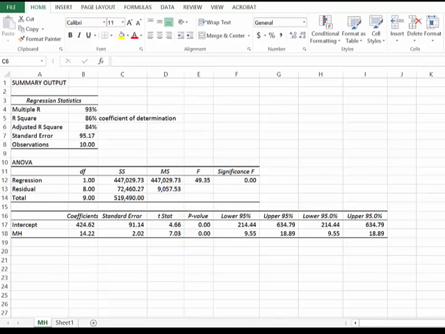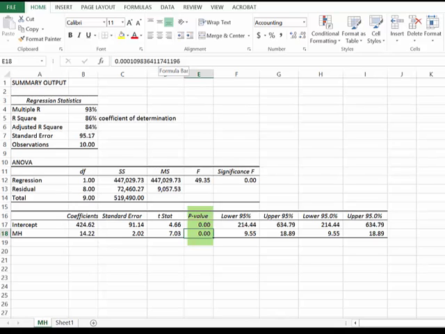Another number we want to look at is the p-value. P stands for probability. Is the probability that we got these results strictly by chance? Now, they look like they are 0.00, but there's always a possibility that this is strictly by chance. And if you come up here and you look at the p-value for machine hours in the formula bar, you can see that it is actually a 0.000109, etc. chance.